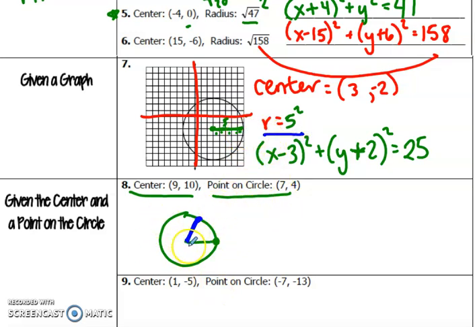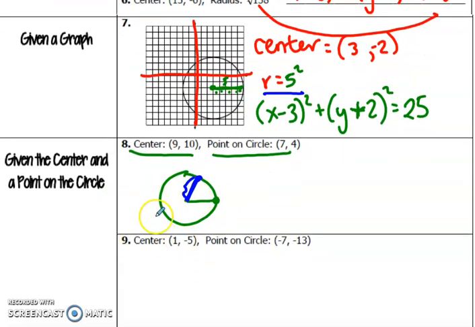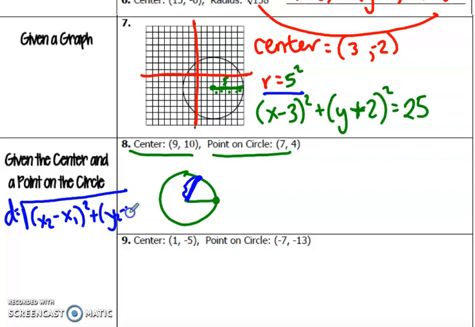Now, unfortunately, there's no graph, and I have no idea if my line is vertical or horizontal or diagonal. So what we're going to have to do is find the distance from the center to the point on the circle, okay? To find distance, we need our lovely distance formula back from the first unit. The distance formula is the square root of x2 minus x1 squared plus y2 minus y1 squared.